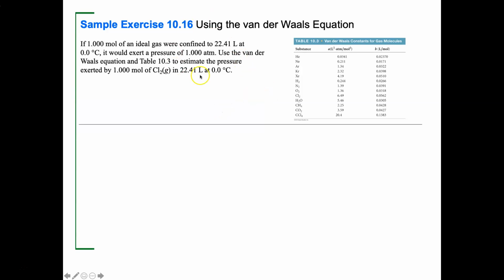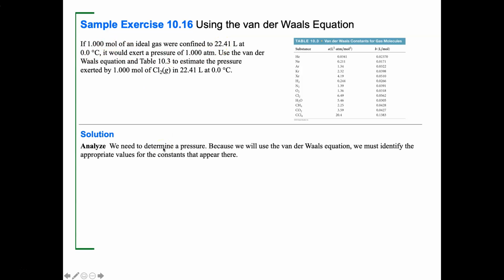We're also given the pressure, the volume, and a temperature. All of that information comes together so that we can use the van der Waals equation. Since we're trying to solve for a pressure, we rearrange the van der Waals equation, which is this one over here, to solve for pressure. Doing that gets us this particular result.